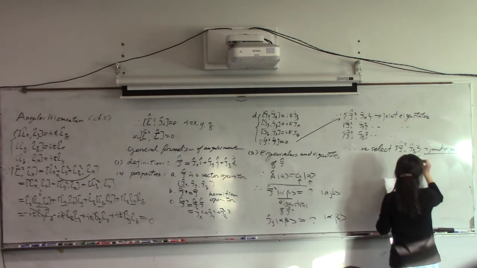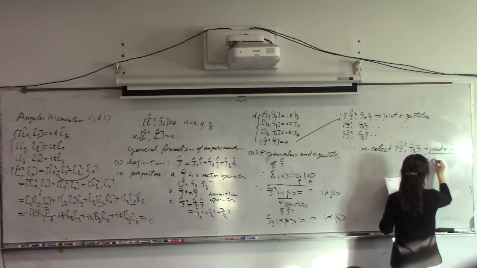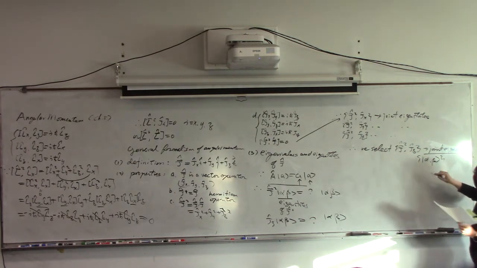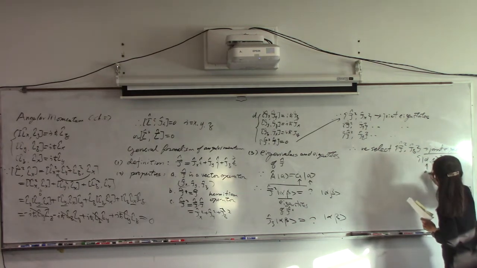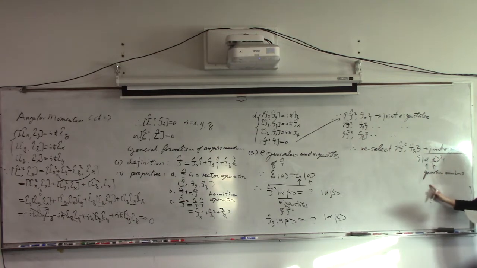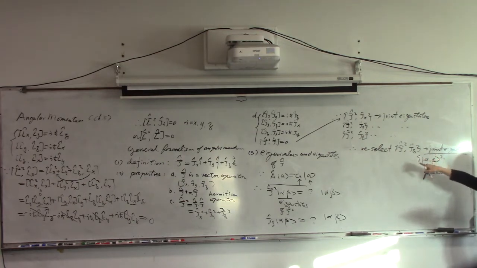Now we'll introduce the joint eigenstates, the series of alpha beta, that is the quantum numbers we are going to determine. Quantum numbers characterize the joint eigenstates of J squared and J_z.